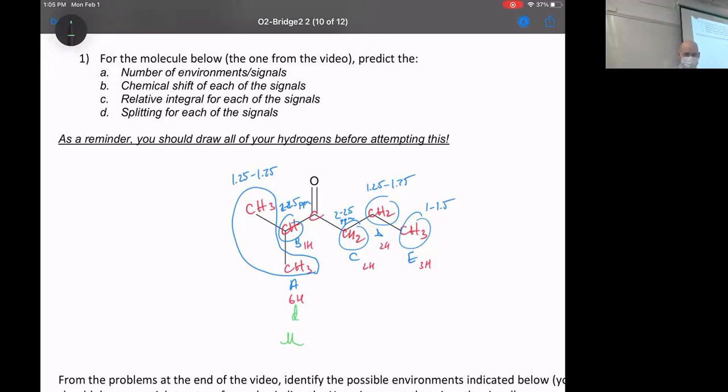All right, so from B's point of view, B has an integral of 1 because it is 1 hydrogen, but it has 6 hydrogens living on neighboring carbons. So you'll notice the way that I circled these environments, I included the carbons with them. We're not looking at carbons, but we're looking at CHs next to CHs for the neighbors. So if you lump together the CHs and then you lump together their neighboring CHs, you can see that they're kind of next door.